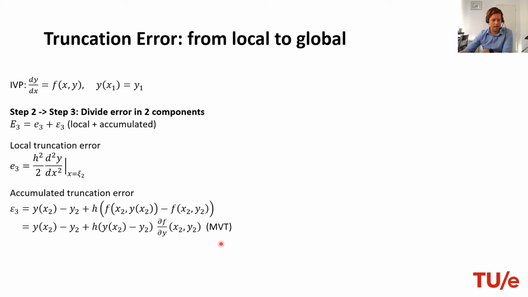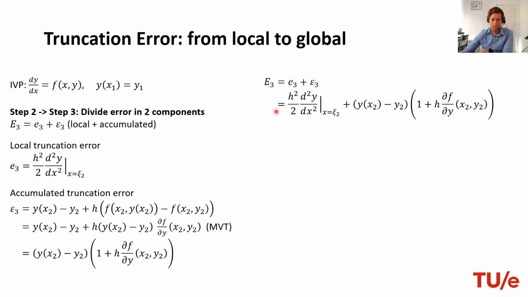So we can apply the mean value theorem to convert this from differences in f to a difference in y's, and then we can take this factor over here and, well, let's say factor it out, such that we can rewrite this accumulated truncation error as follows. Now summing these two will give us the total truncation error in step 3, and that's what we do over here.